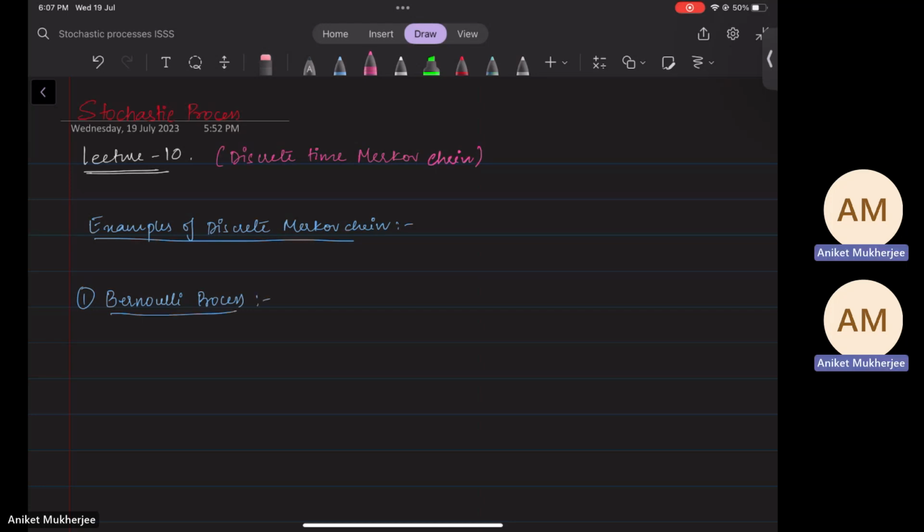So you have the parameter P. I just say that let the parameter P be something between 0 and 1. P could be anything between 0 and 1.